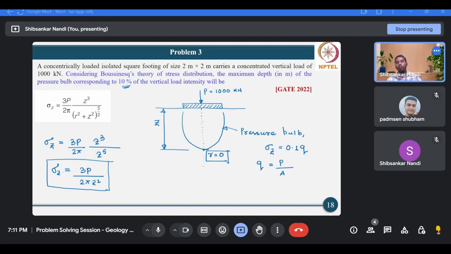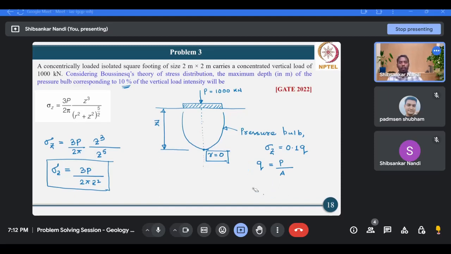Now we have to calculate the z value in such a way that sigma z becomes 10% of the vertical load intensity. That means it becomes 0.1 times q. What is q? We calculate it as P by A, as already discussed.